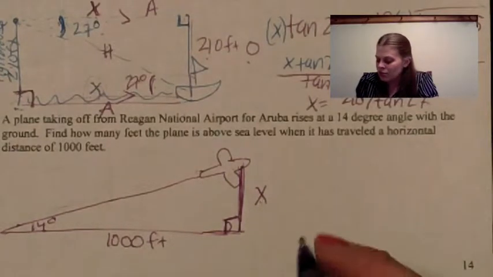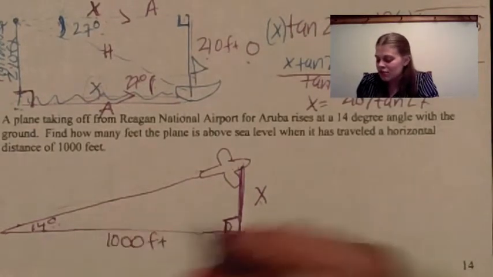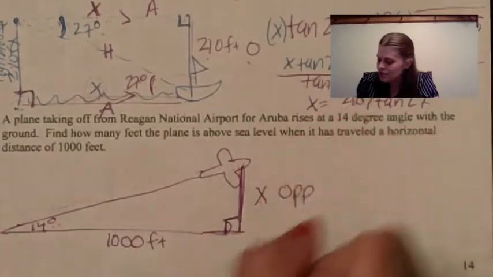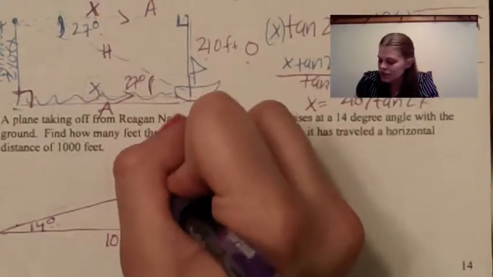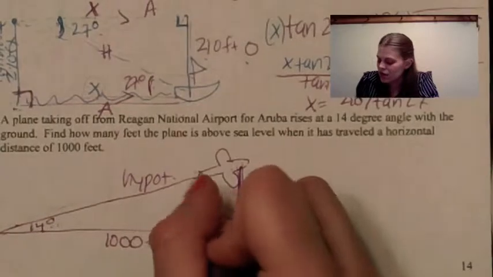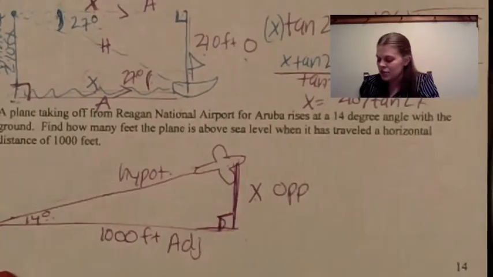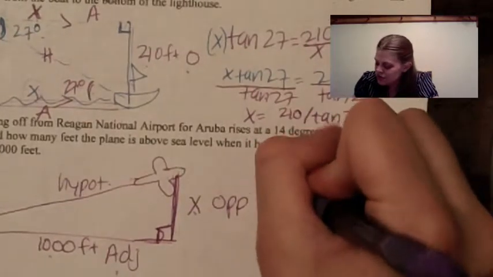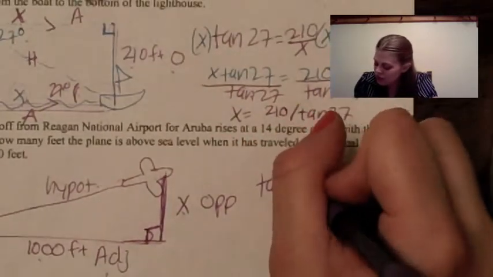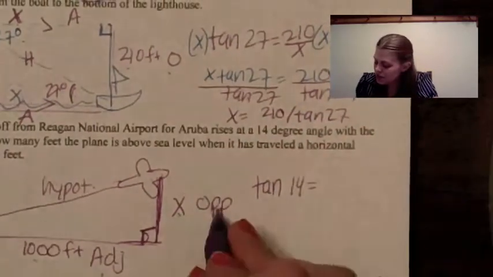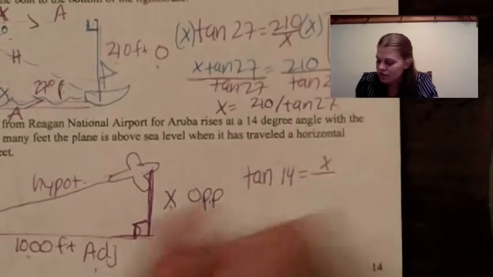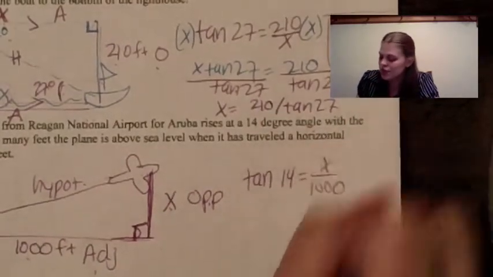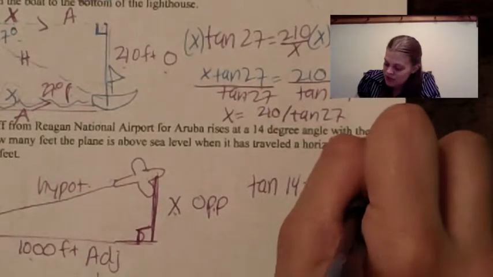So now I label according to the angle of 14. Well, this is opposite. This is the hypotenuse because it's across from the 90-degree angle, and this is adjacent. So I have the opposite and the adjacent, so I'm going to use the tangent again. So the tangent of 14 degrees is opposite, which I don't know, over adjacent, which I do know, which is 1,000. So I times both sides by 1,000.